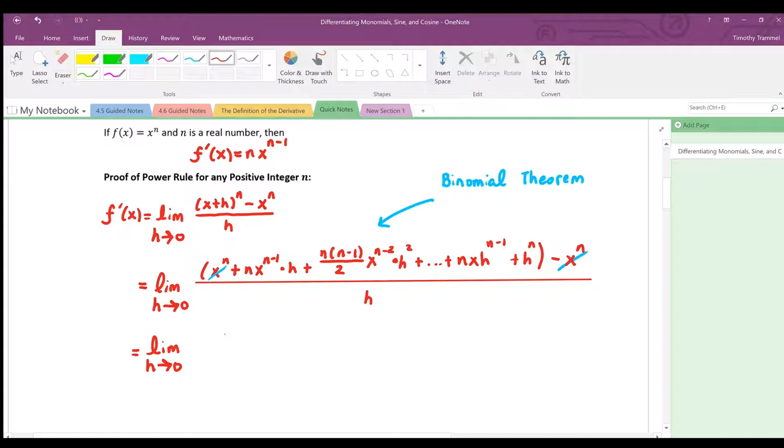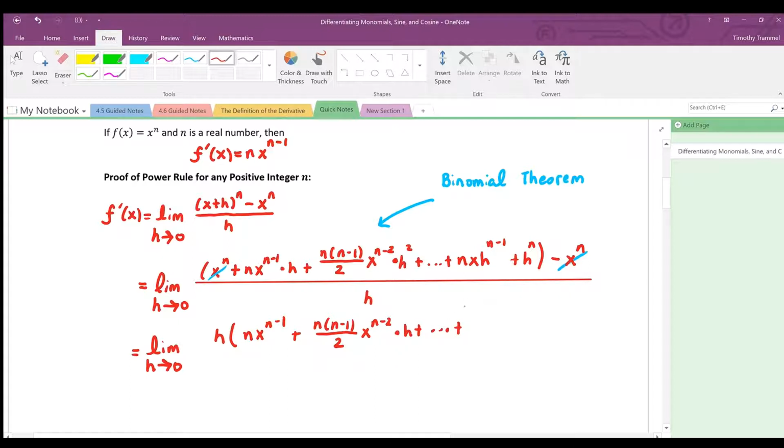So let's factor out that h. This is going to give us n x to the n minus 1 plus n times n minus 1 all over 2 times x to the n minus 2, and then times h, and so on.